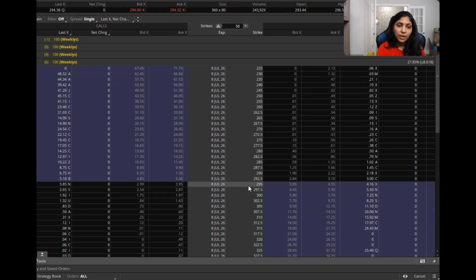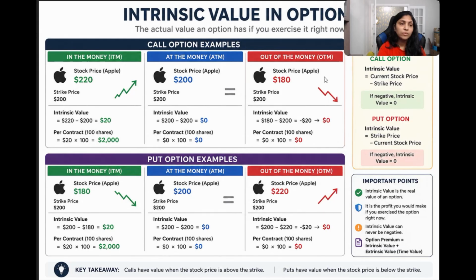And anything above the stock price, like 300, 307, that is called out of the money contracts. These out of the money contracts are a bit cheaper, and we'll see with a real example here.